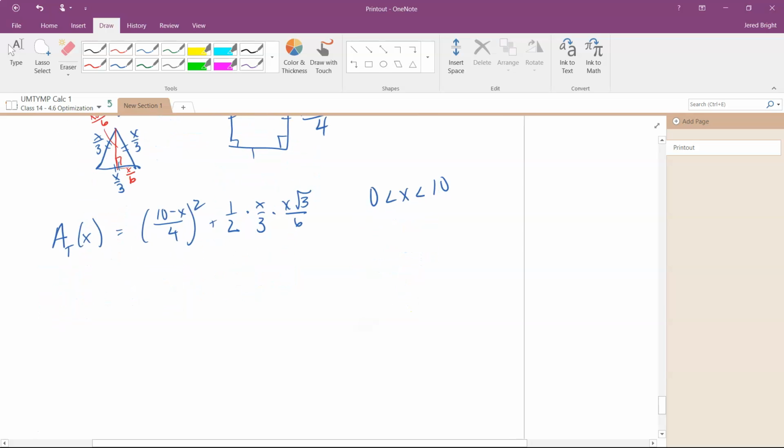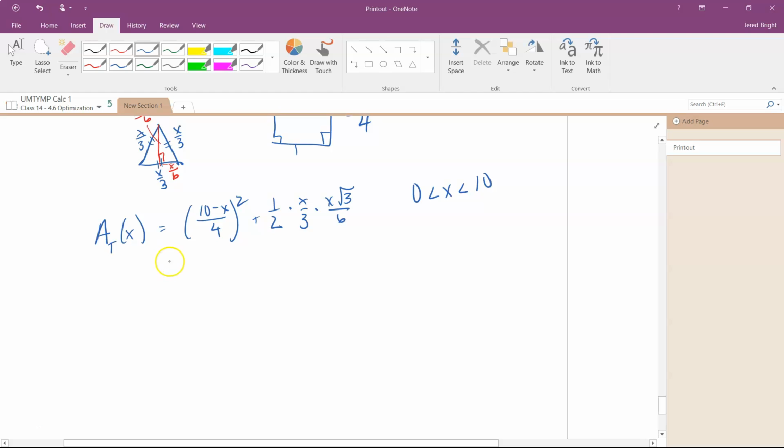Okay, so it would be easiest if I expanded this and worked with this a little bit. With this first one, if I simplify this, I would get x squared minus 20x plus 100 all over 4, and then this next piece is going to be plus square root of 3 over 36 times x squared.